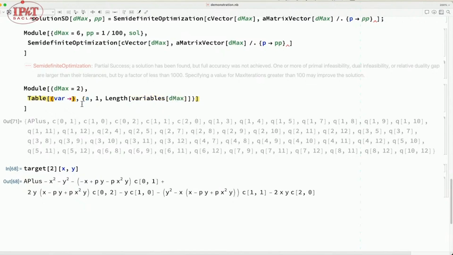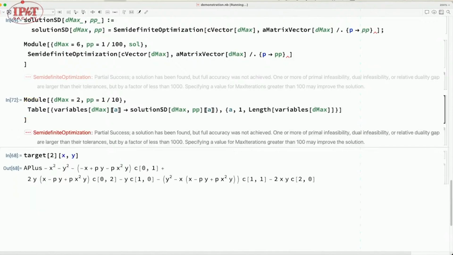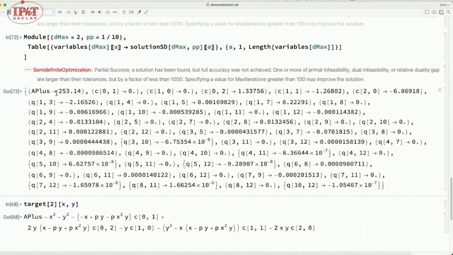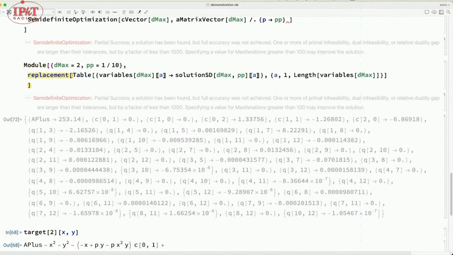And we want to set up a replacement rule where we replace the i-th variable by the i-th entry in the solution of the semi-definite program. Okay, yeah, so this looks good. So it replaces A plus by that. All this replacement.